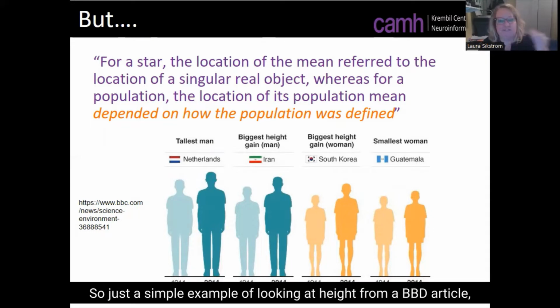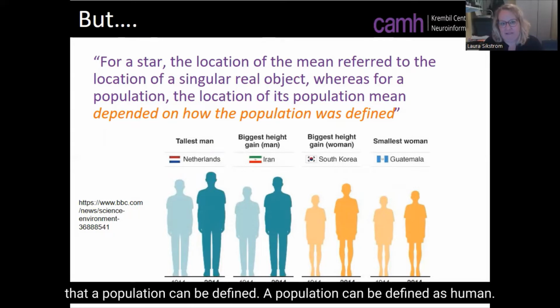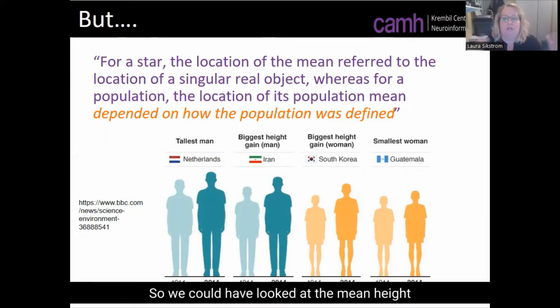So just a simple example of looking at height from the BBC article, we can see that there's lots of ways that a population is defined. Population can be defined as human. So, we could have looked at the mean height of humans over time. Could be by nationality, as this graphic has done. Could be by gender and nationality, which this graphic has also done.